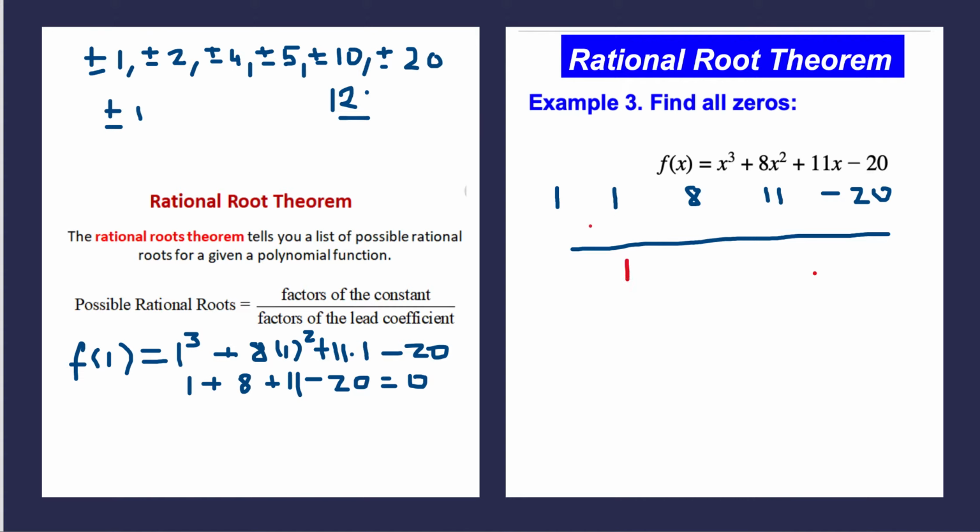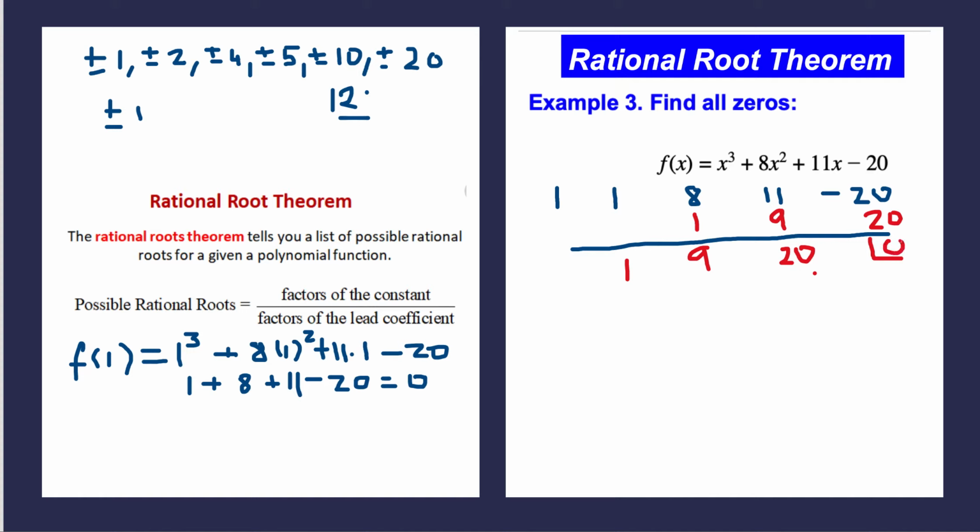According to synthetic division, I drop down the first number. 1 times 1 is 1. I write it here. 8 plus 1 is 9. And 1 times 9 is 9. I write 9. 11 plus 9 is 20. And 1 times 20 is 20. And minus 20 plus 20 is 0.